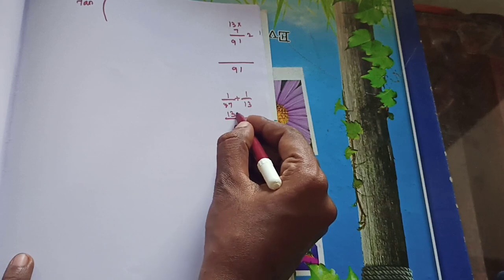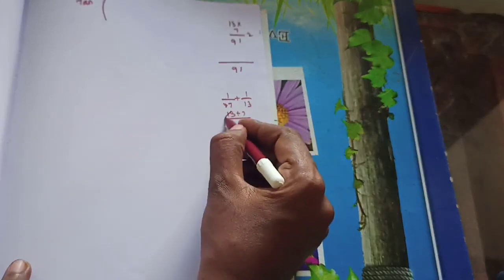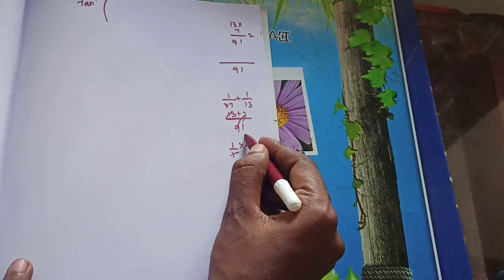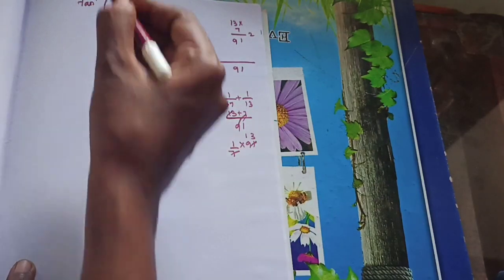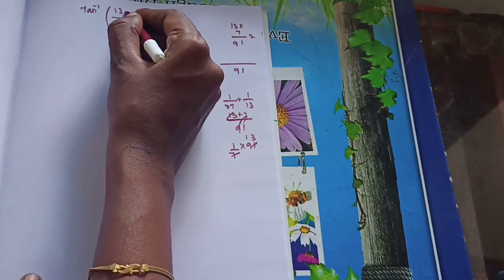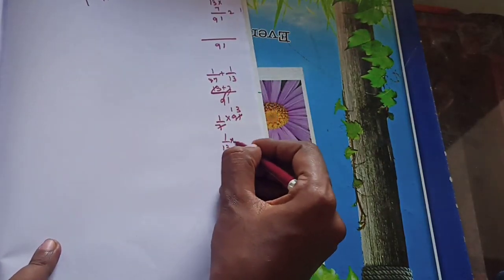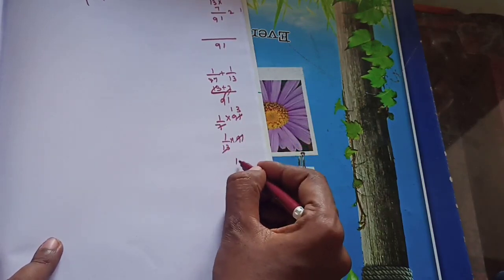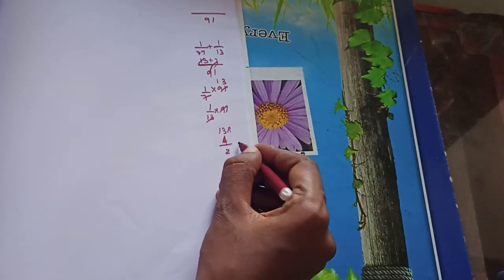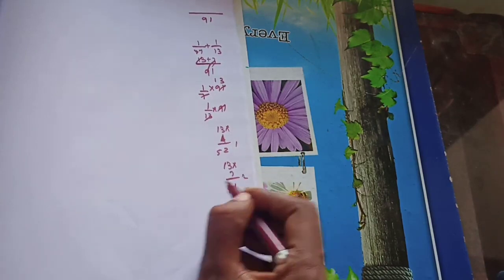Cancelling, 1 by 7 into 91 gives 13, and 1 by 13 into 91 gives 7.